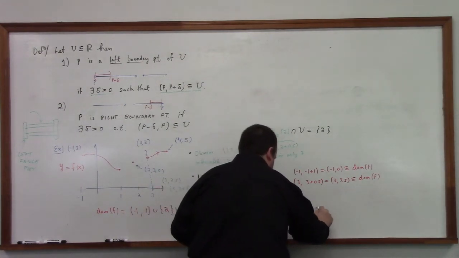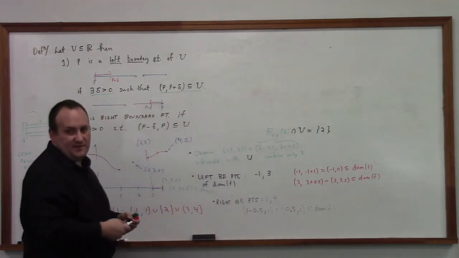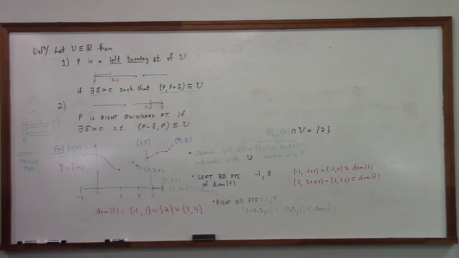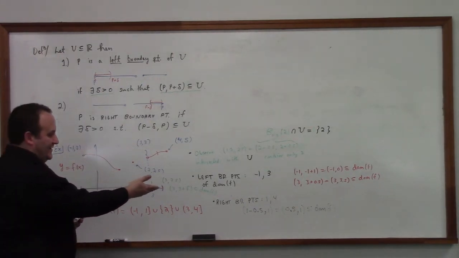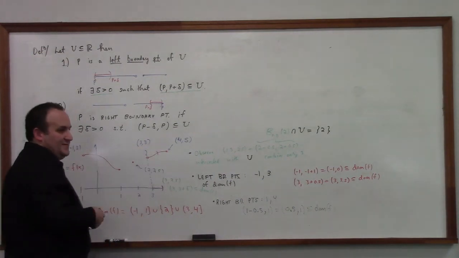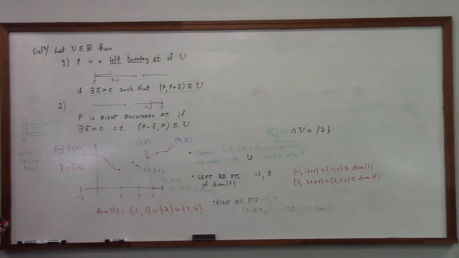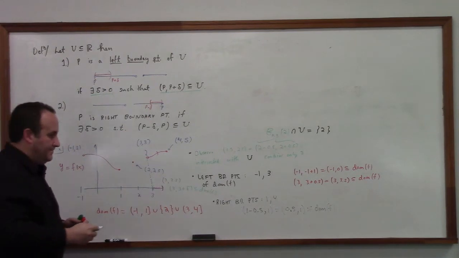That's a subset of the domain of F. You do not have to give evidence, but we operate on definitions in here, so if it doesn't satisfy the definition, then it's not what it is, right? And for 4, I could take 3.5 to 4 as evidence that 4 is a right boundary point, right?